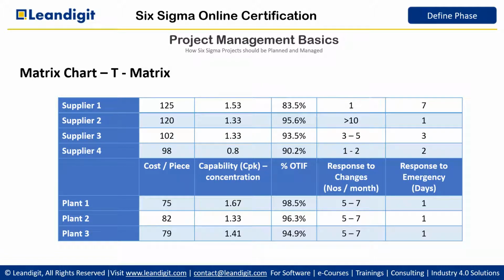In case of OTIF percentage, all our plants are good. Plant 1 is outstanding. On response to changes, there is a company standard of 5 to 7 times, and all the plants respond very fast to emergencies. So manufacturing from our own plant will be better, and within those plants, plant 1 seems to be the best plant overall.